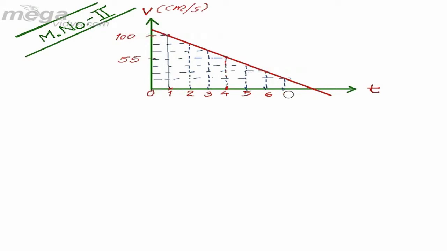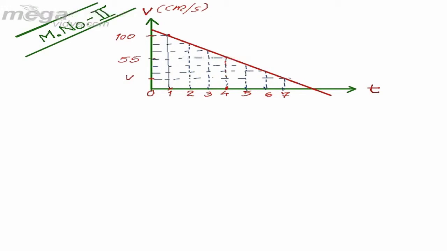As we know, at t equal to 7 seconds, I have to find the particle's velocity. Say this velocity is v. Just assume it and just see this velocity time curve.